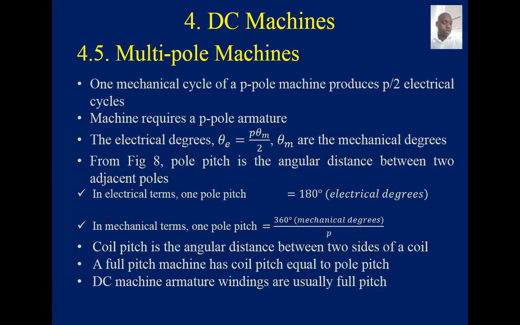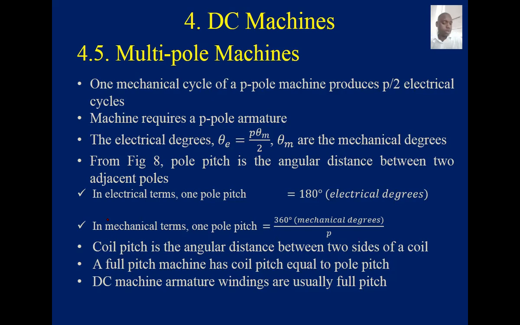One mechanical cycle of a p-pole machine produces p over 2 electrical cycles. That is what I was explaining: in a two-pole machine, you have one mechanical cycle and one magnetic cycle. In a four-pole machine, you have one mechanical cycle giving you two magnetic cycles.